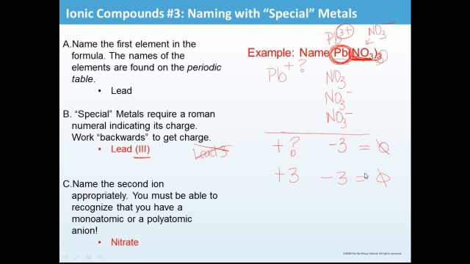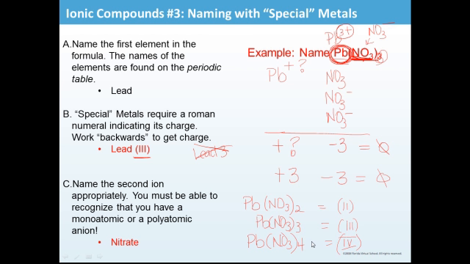I'm going to give you some examples of why it is important to call this lead(III) nitrate. Consider these formulas: lead nitrate, lead nitrate, lead nitrate. Very different formulas, different compounds. They could have different chemical reactivities. Therefore, we have to somehow differentiate. So we're going to call the first one lead(II) nitrate, lead(III) nitrate, and lead(IV) nitrate.